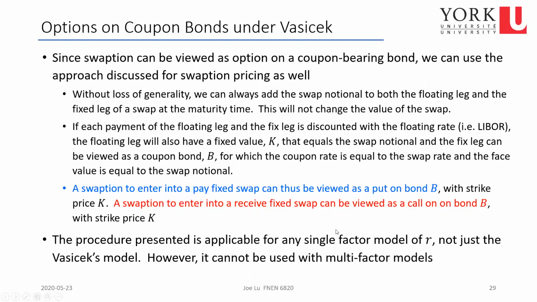Basically, you have turned the question of pricing a swaption into a problem of pricing options on coupon bonds. Because if you have a single factor process, you have a closed form solution for options on coupon bonds, you now have a closed form solution for pricing swaptions.